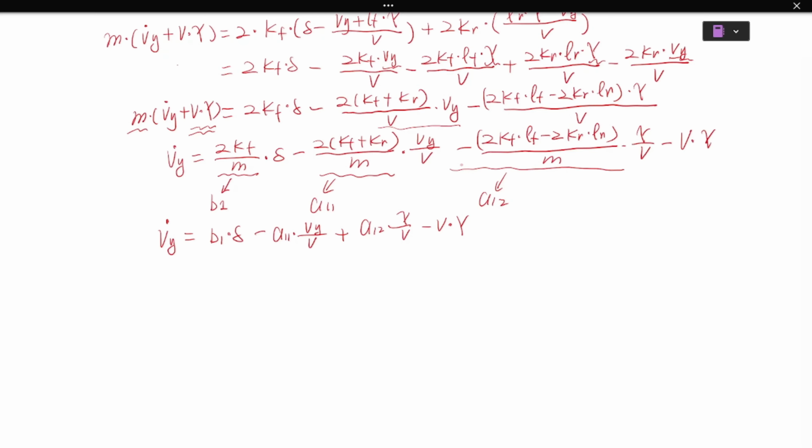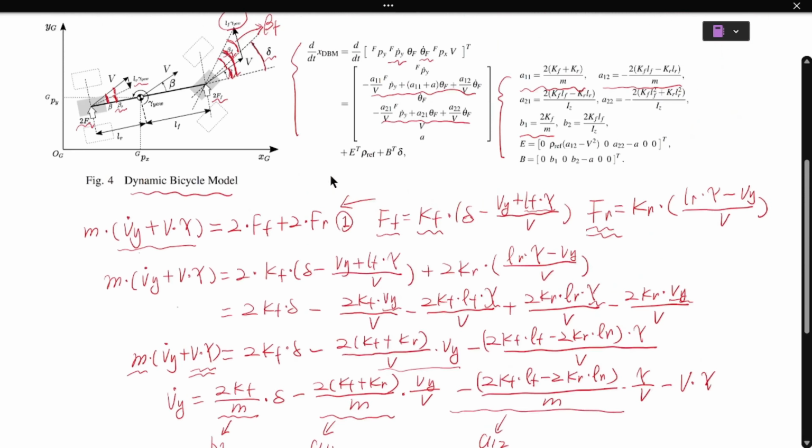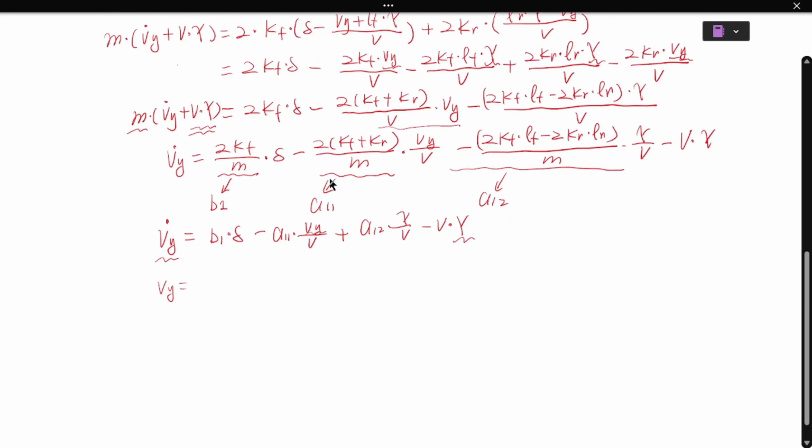Okay, next we need to replace vy dot, vy and gamma. So first, vy equals, just now we have derived, vy equals v times beta.